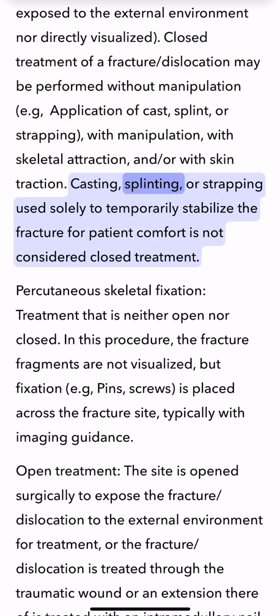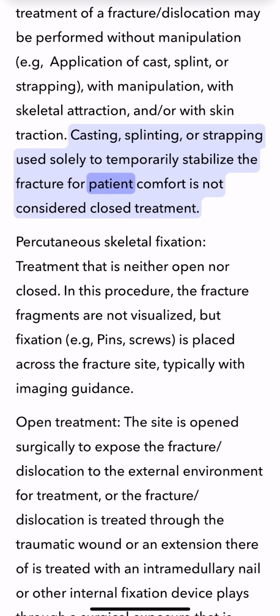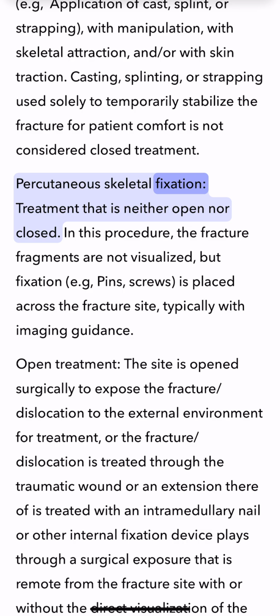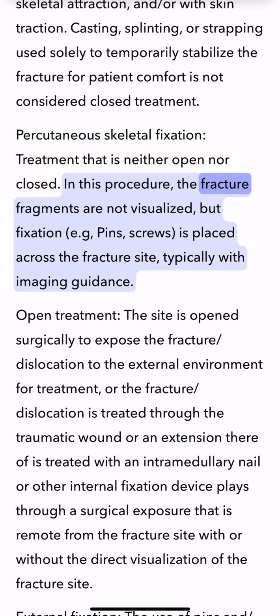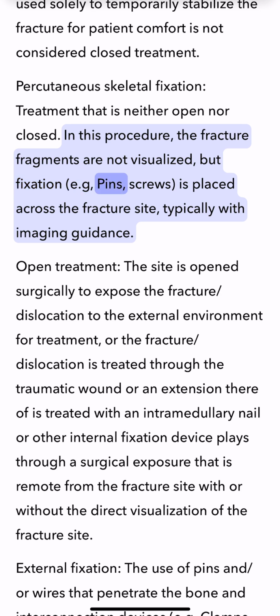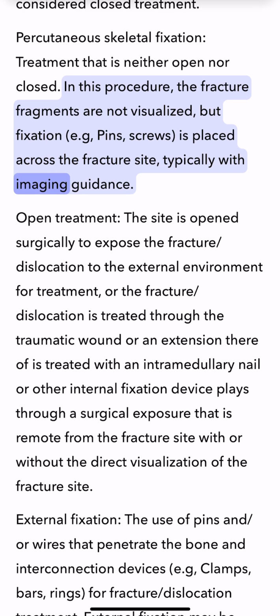Casting, splinting, or strapping used solely to temporarily stabilize the fracture for patient comfort is not considered closed treatment. Percutaneous skeletal fixation, treatment that is neither open nor closed. In this procedure, the fracture fragments are not visualized, but fixation, for example, pins, screws, is placed across the fracture site, typically with imaging guidance.